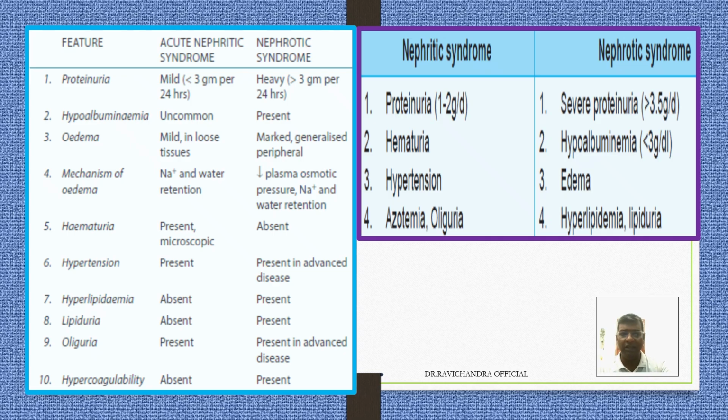Hematuria is present in nephritic and not in nephrotic. Hypertension is present in advanced stages in nephrotic. Oliguria is also present in advanced stages. Hyperlipidemia, lipiduria, and hypercoagulability are present in nephrotic syndrome. So this is the basic difference between nephritic syndrome and nephrotic syndrome.